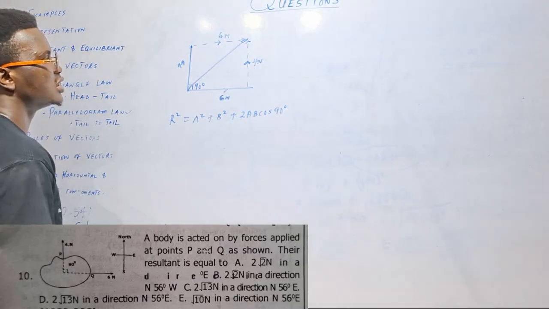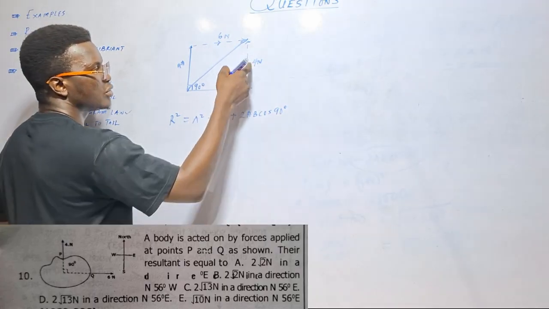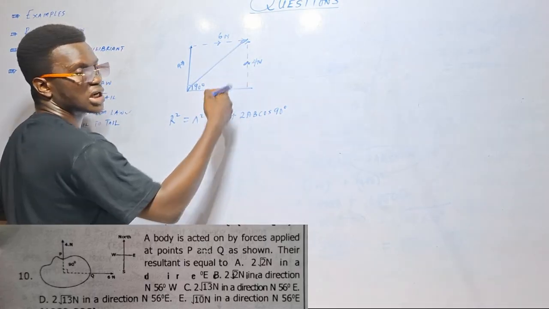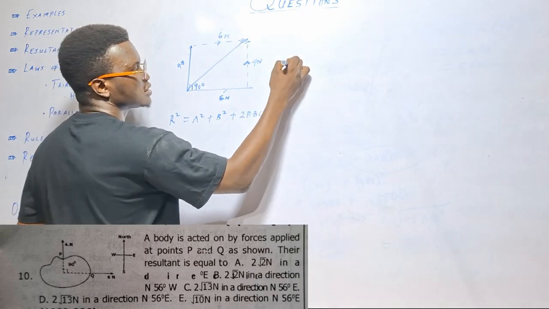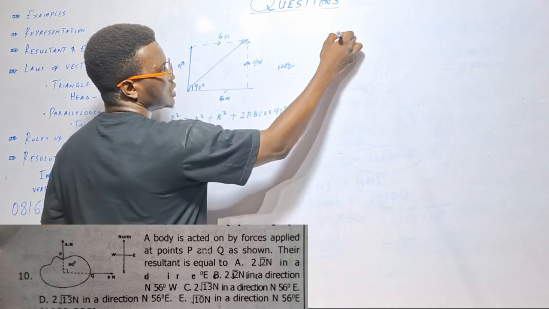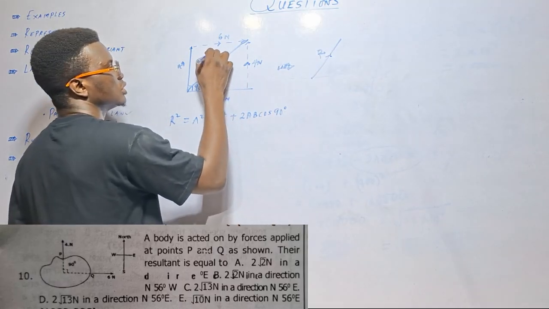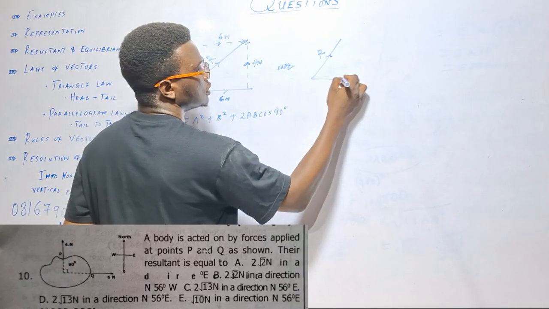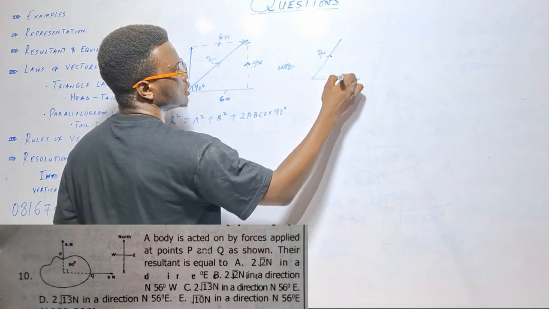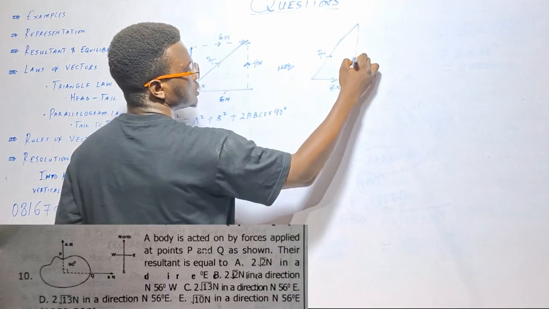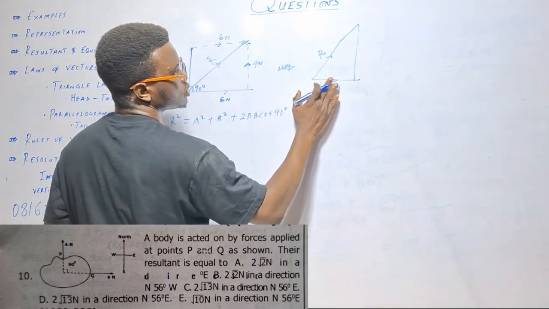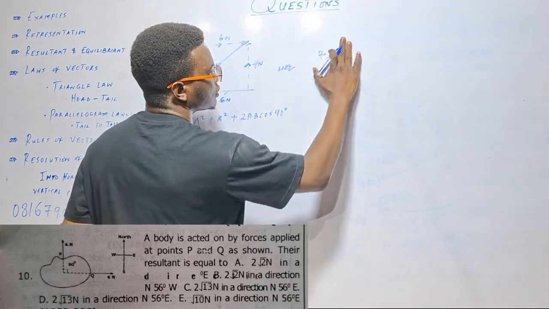So at the end of the day, if you look at this arrow and this arrow, it has now turned into a triangle. This is the resultant, which is this one. Then this is 6 Newton, and this 6 Newton should be longer than the 4 Newton.